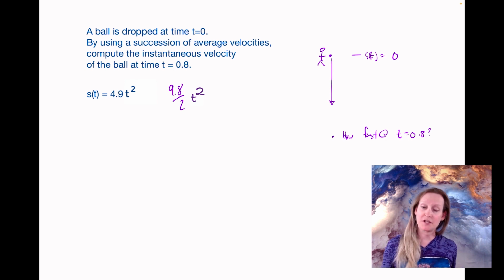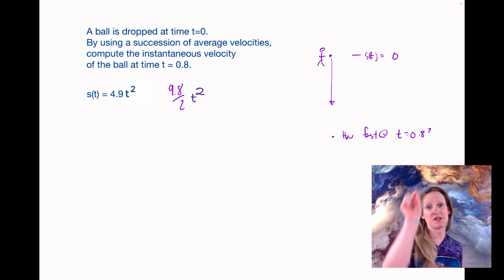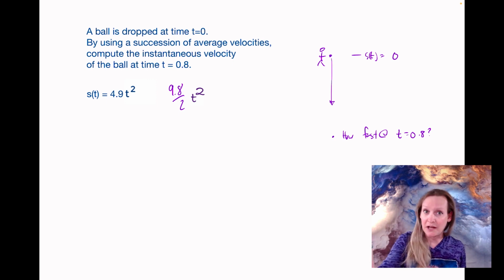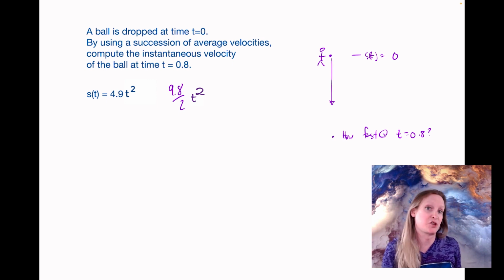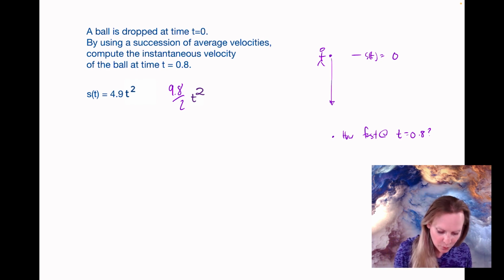And I'm going to do this by constructing a table. I could easily do this in Excel if I wanted, and then I could just use the little black cross pull-down feature to propagate this as much as I wanted to and do more steps. So that could be really nice. What I'm going to do is take as root time 0.8, and compute the average velocity for a sequence of delta t values.